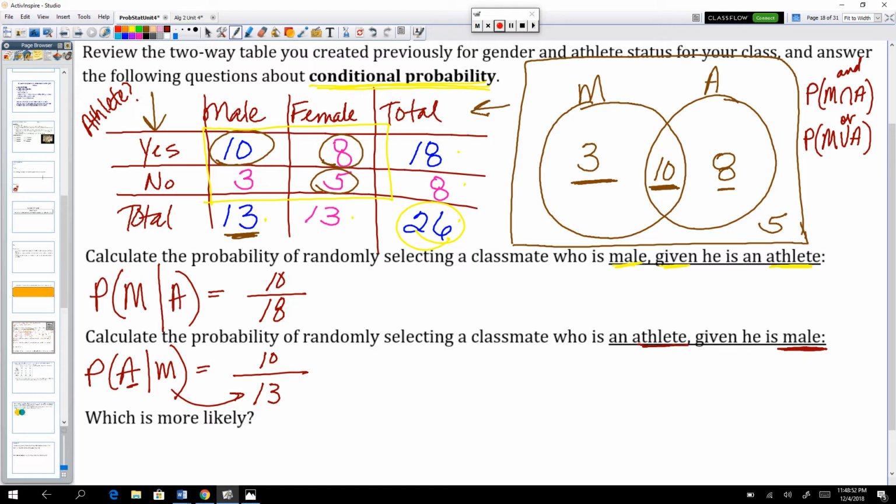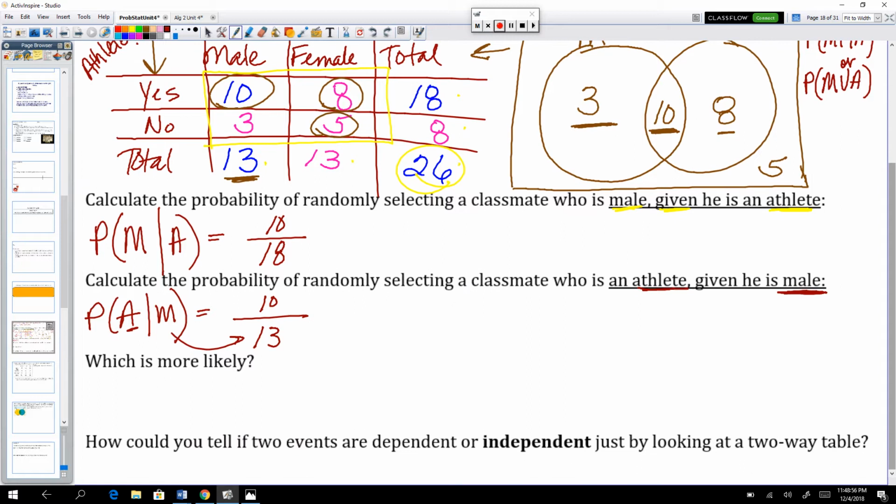If we compare those two, they sound very similar in English, right? Selecting a male given he's an athlete, selecting an athlete given he's a male. They sound very similar, but they're different. The more likely probability is the probability of selecting an athlete given that they are a male, because this was around 77%, and the other one was somewhere around 55 or 56%.